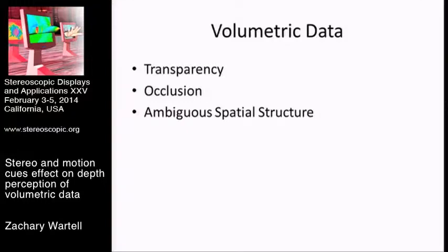In the paper, we review a variety of techniques that have been used to deal with this issue, including interactive manipulation of transfer functions and illustrative visualization, but our focus is on studying the effect of stereo and motion parallax from head tracking.